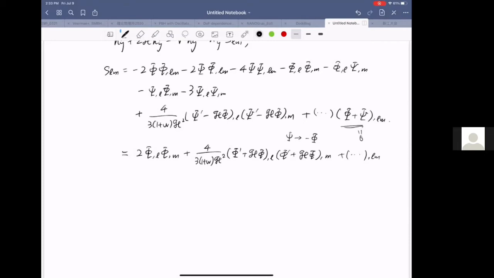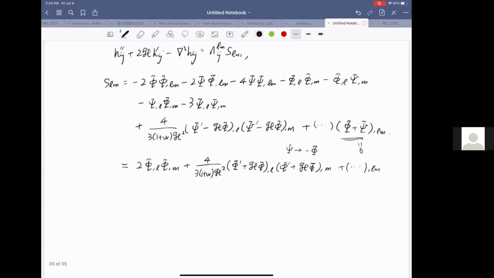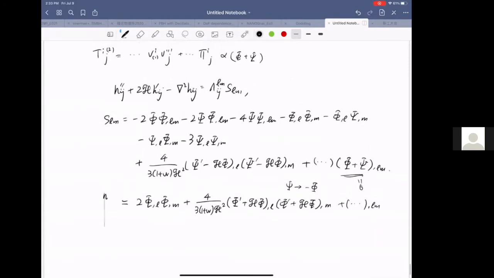So in this case, we go to the Fourier space.